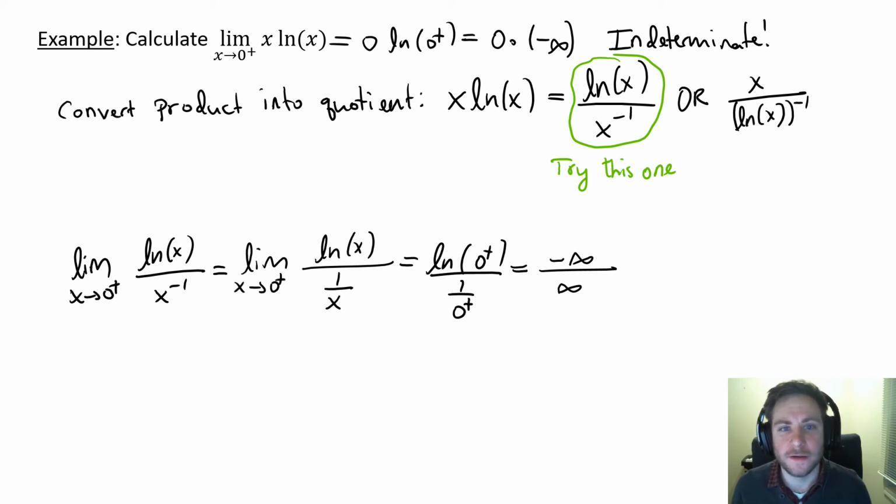Pause and think about it if necessary. Now if we pull the negative in front, this result does give permission to use L'Hopital's rule, so let's go ahead and do it. First, take the derivative of the numerator. So in this case, the derivative of ln x is 1 over x. Then take the derivative of the denominator to get minus x to the minus 2.